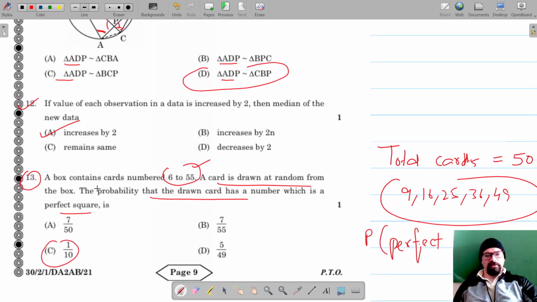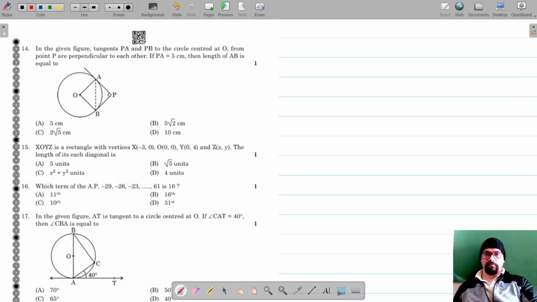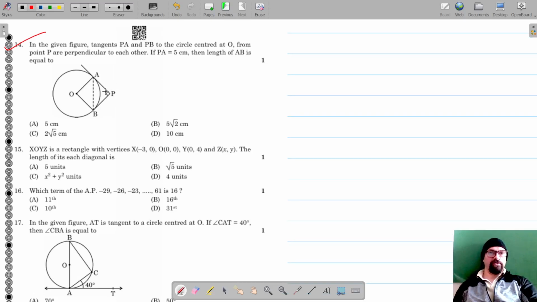Let's move on to the next question, that is question number 14. It's given that tangents PA and PB to the circle centered at O from point P are perpendicular to each other. So this angle is 90 degrees. If PA is 5 centimeter, we have to calculate the length of AB.